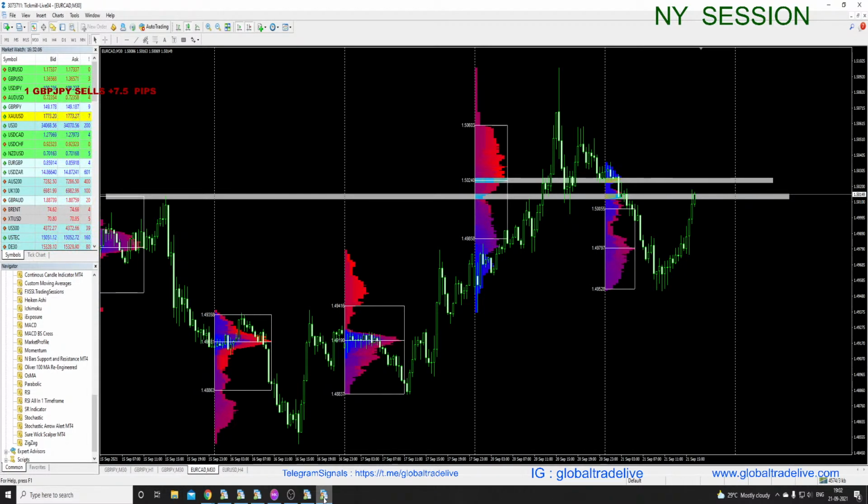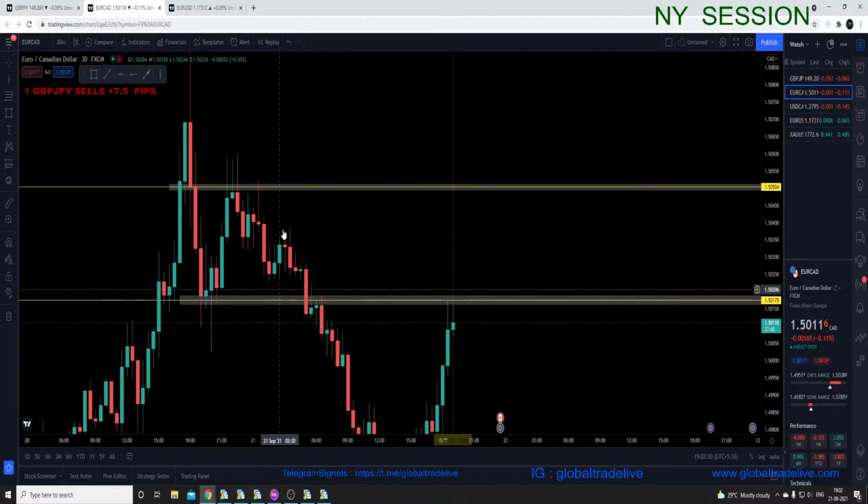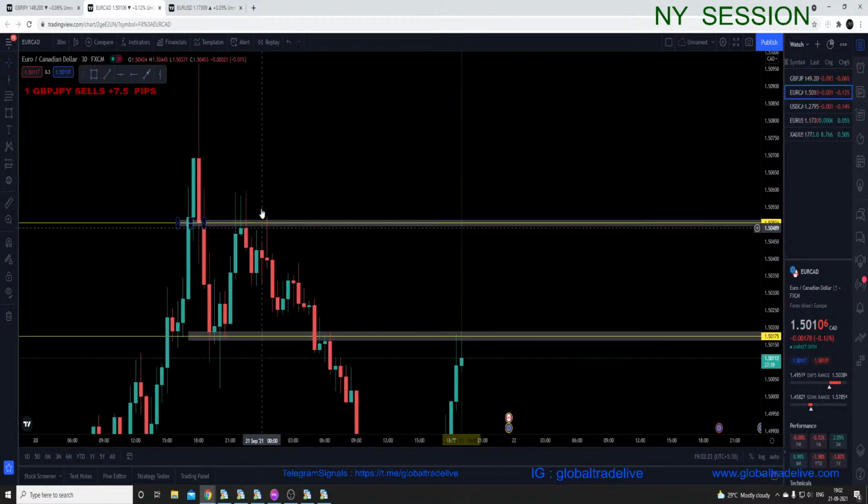Okay, actually I will wait here, because I don't feel comfortable taking this trade over this zone, because there is no clean range in EuroCAD right now. No clean range. So we have a clean range over here.